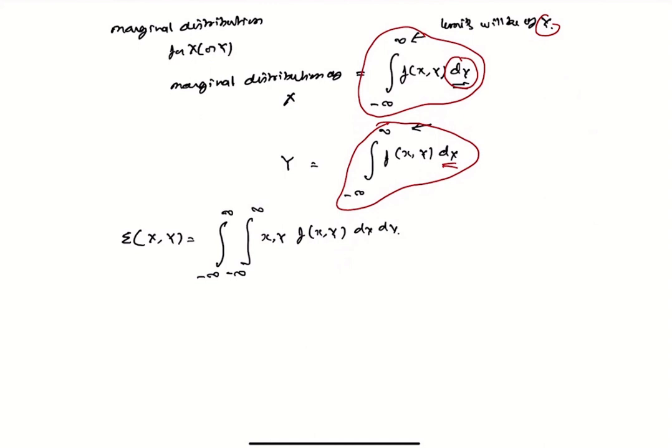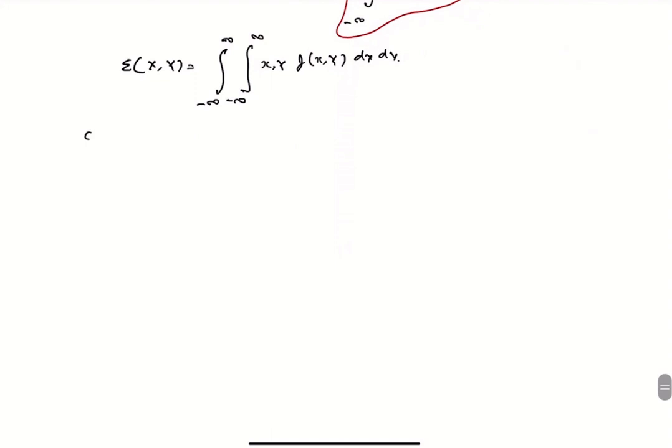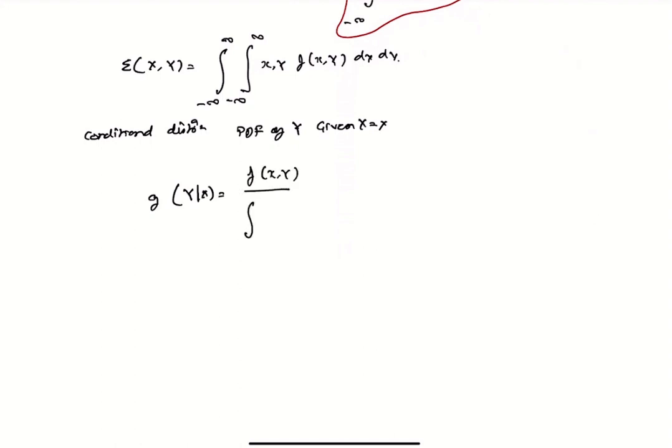Then you can also do the conditional distributions. So we have the conditional distribution, the PDF of y given x is equal to x. So this g of y given x will be described by fxy divided by the integral from negative infinity to infinity of fxy dy.